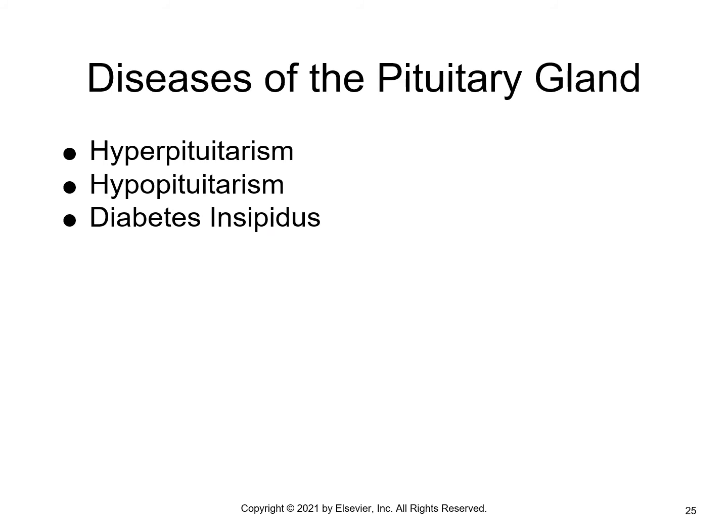Now, if the pituitary gland is not functioning properly, it can have a number of different problems. So one of the problems it can have is hyperpituitarism, hypopituitarism, or diabetes insipidus. So hyperpituitarism means that the pituitary gland is overproducing.